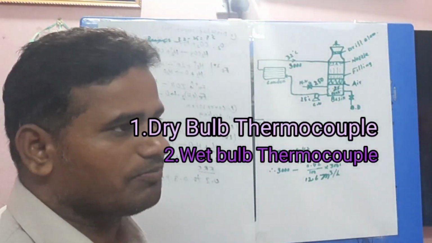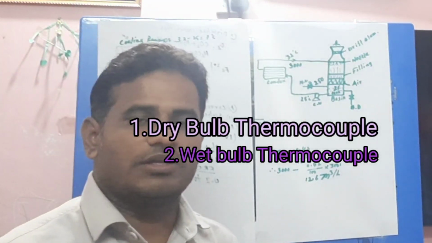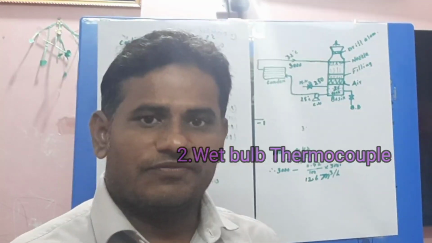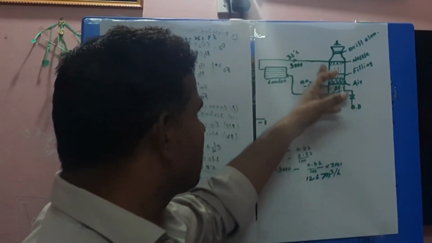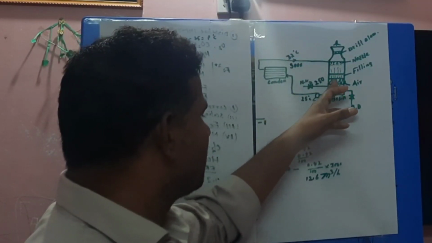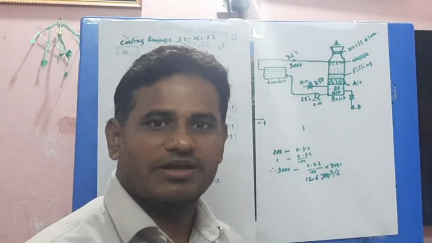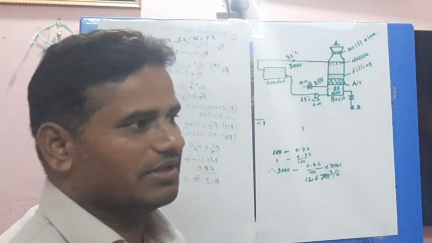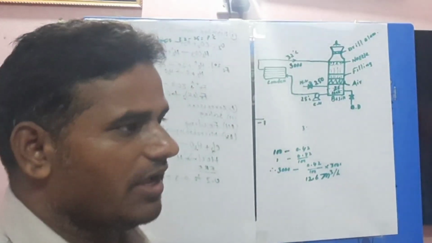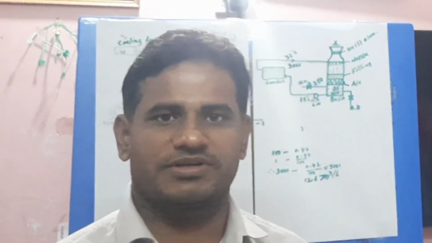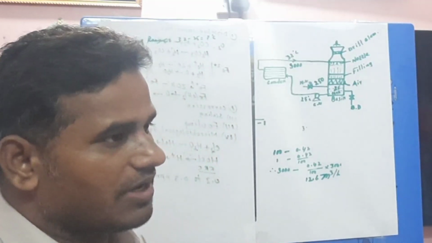Dry bulb thermocouple means, if air temperature is 40 degrees and cooling water temperature is 25 degrees, how is that possible? You should think about this, because air temperature 40 and cooling water temperature 25 degrees, of course it is possible. How is it possible?